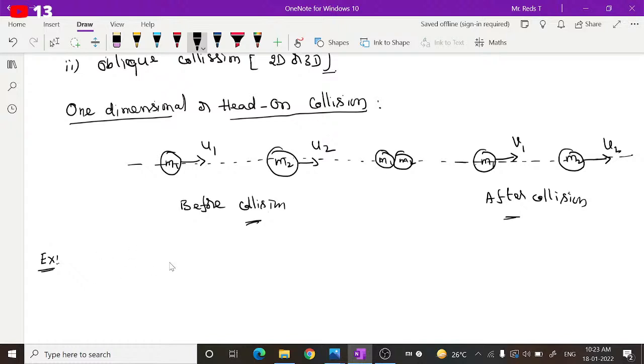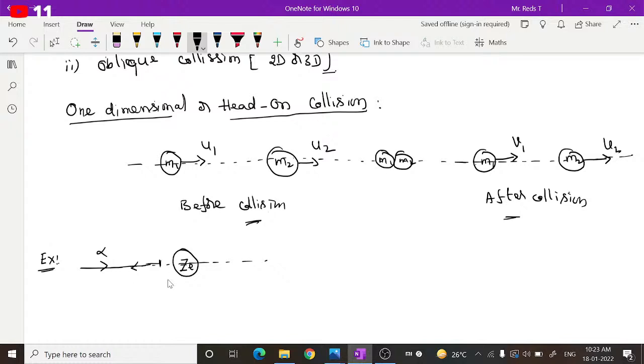If there is a nucleus having charge Ze, and an alpha particle is moving along the line passing through the center of this nucleus, after reaching a particular point it stops and retraces back along the same line.